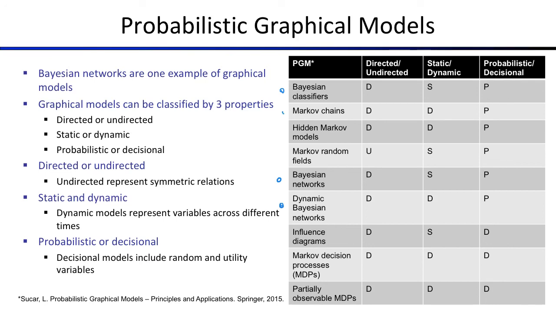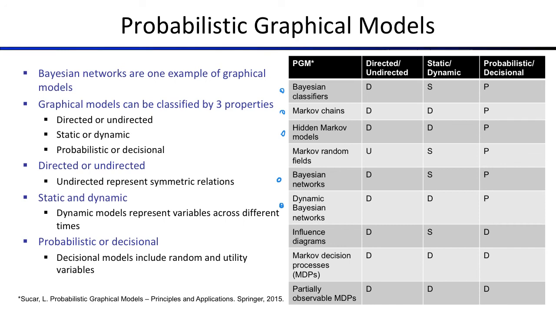These methods here, like the Markov chains and the hidden Markov models, these are dynamic methods. They also change with time. The Markov chains are very simple. It's just a chain, it's just a sequence of nodes, and we are interested in understanding what's going to be the final distribution. That's how the distribution changes with time, and it's going to converge to a final distribution. The hidden Markov models is a little bit more common to see, and it's going to be a chain of two sequence of nodes.